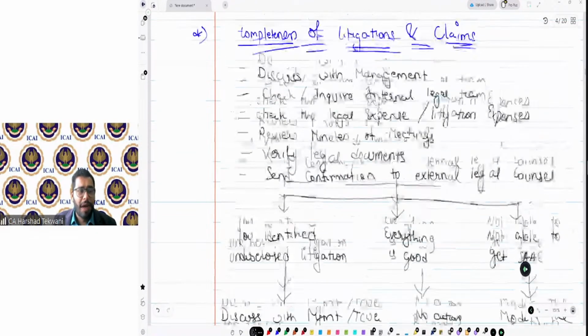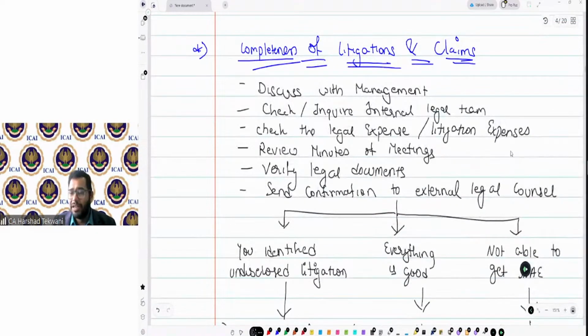So this is how you are required to ensure completeness of the litigation. Clear? Any doubt? Pretty much easy.